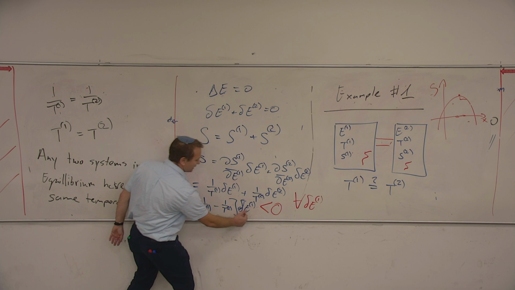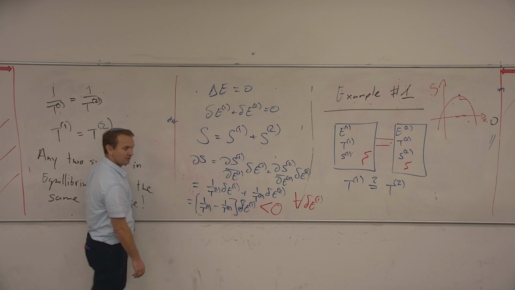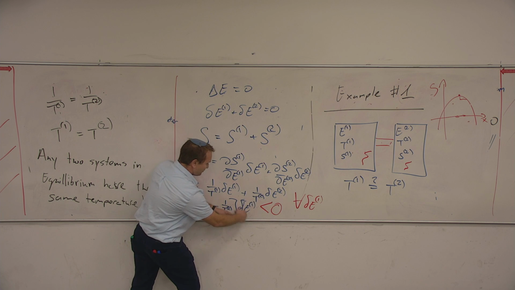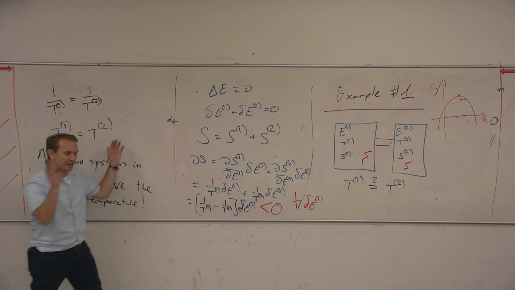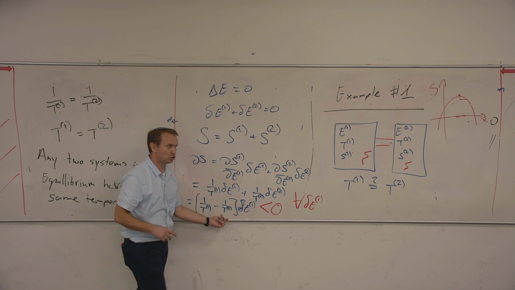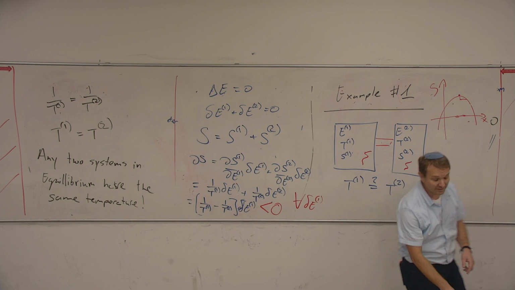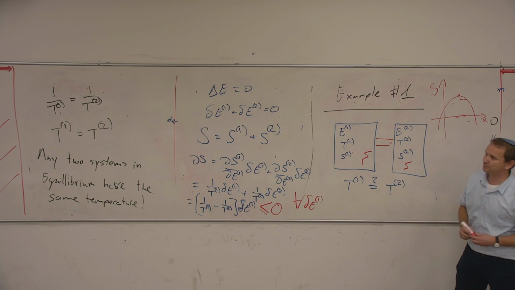I'm changing this guy, I can make it bigger or smaller, positive or negative. This means that if this guy can be anything, then the other factor also has to adapt, but the temperatures are constant. And it's a maximum, so we get this equality over here.